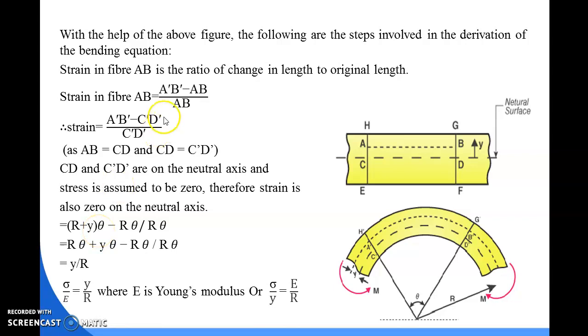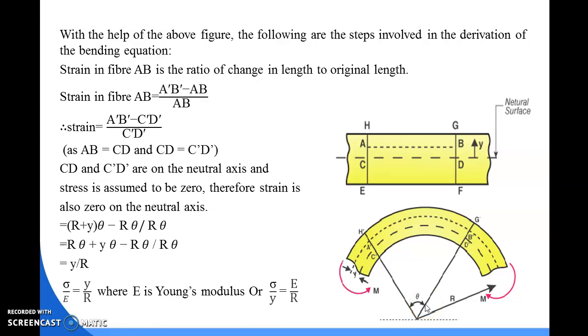Similarly, the value of C dash D dash will be from this point to this point. That means the neutral axis changes into an arc section, that is this portion. Here the radius will be capital R only, and the angle between these two lines is theta.